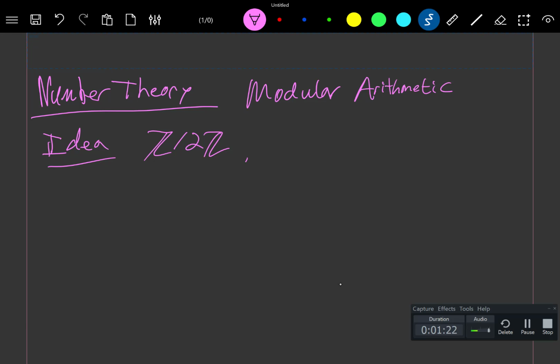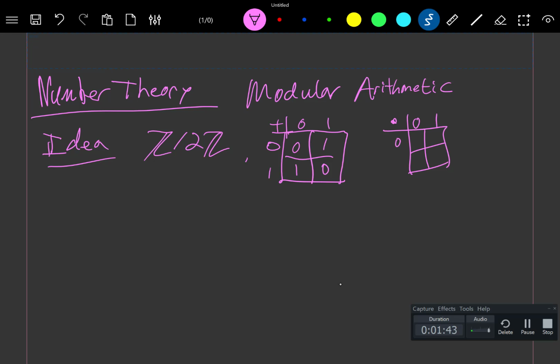Basically, if you recall, this was a ring and it had a multiplication and an addition law, and it looked like this.